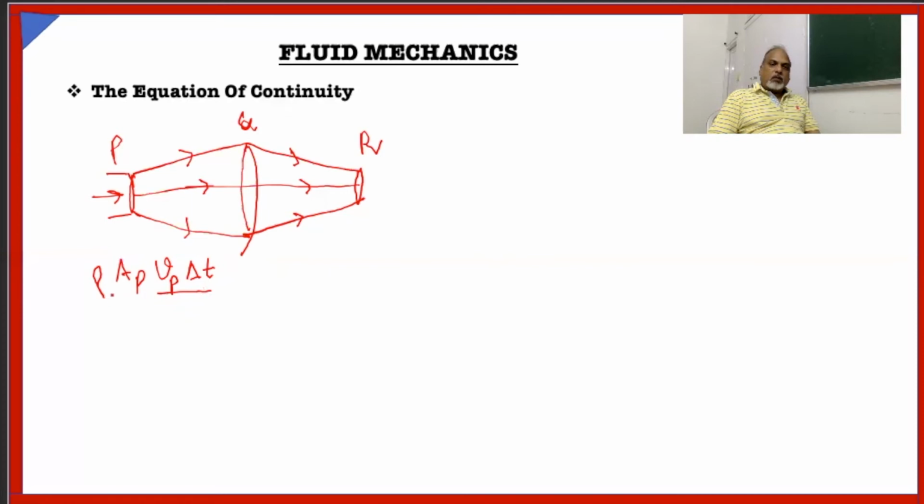Suppose here the density of the liquid is rho P. It must be equal to the mass at Q, because whatever mass goes inside through this opening reaches Q, and it should be the same.